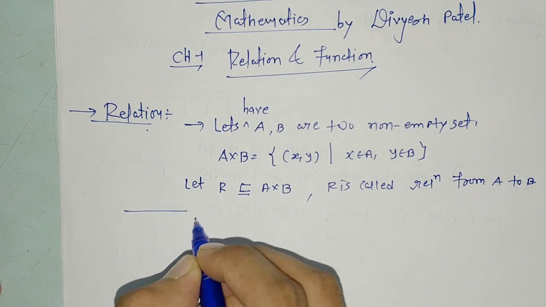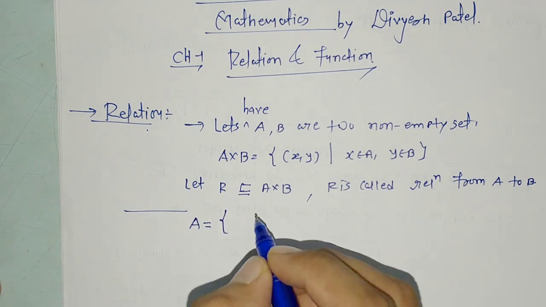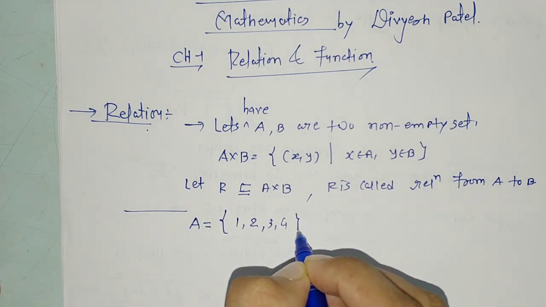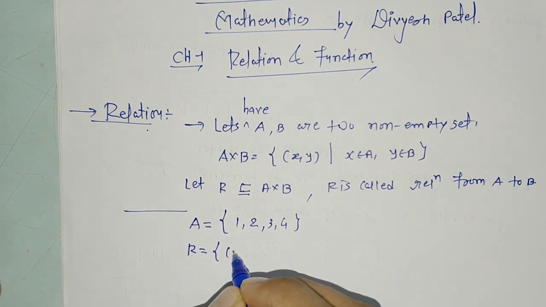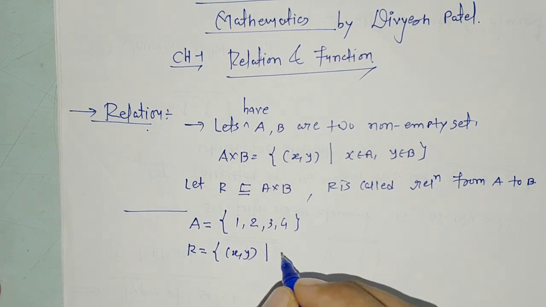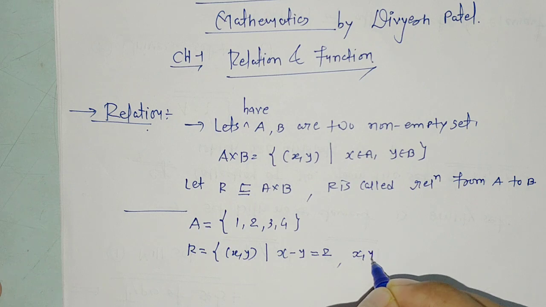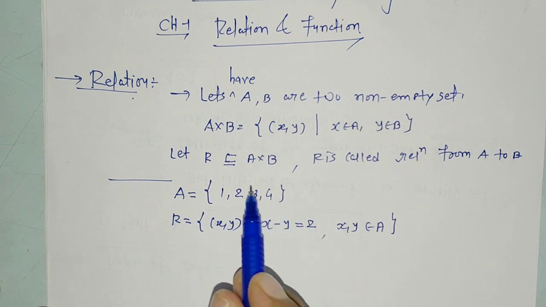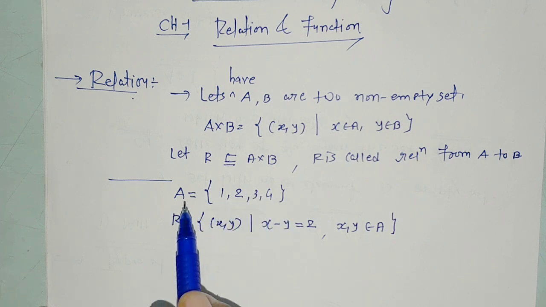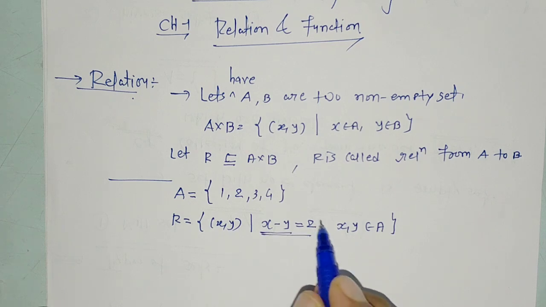Let's take an example. Set A is 1, 2, 3, 4. Let's define relation R as (x, y) such that x minus y equals 2, where x, y belong to A. So we have to take all those elements from A such that two elements define this relation.